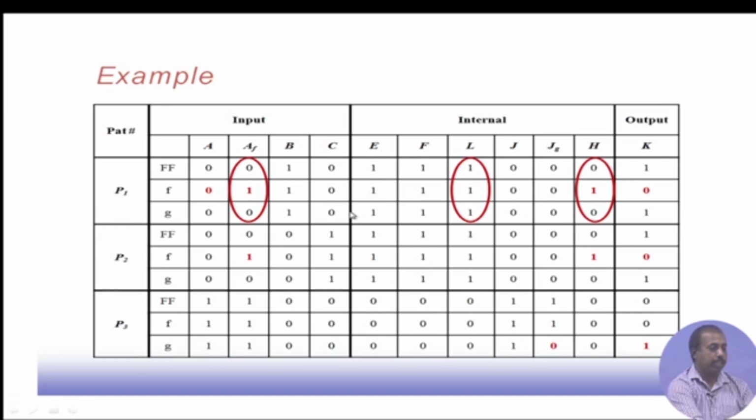We are directly simulating the circuit for a particular pattern, but for 3 cases: fault free, fault F and fault G. Similarly, for pattern P2, again we can do a simultaneous simulation of fault free, fault F and fault G. So, the amount of effort needed will be reduced much, because many of the operations are being done in parallel. Several faults are getting simulated in parallel.